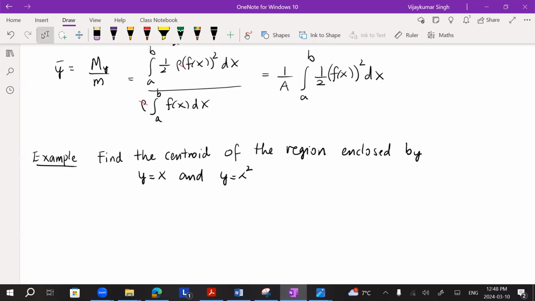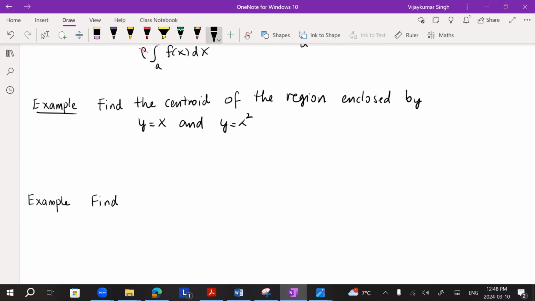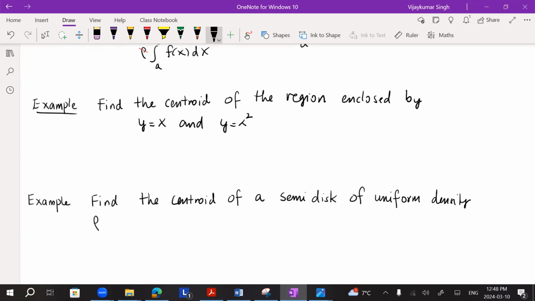That's example one. Another example we are interested in is to find the centroid of a semi-disk or half disk of uniform density rho and radius r.